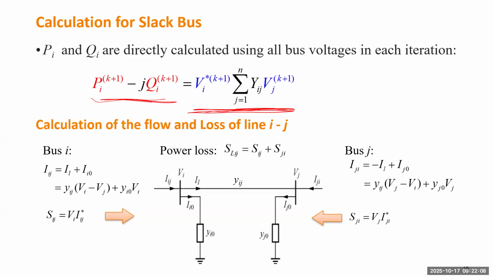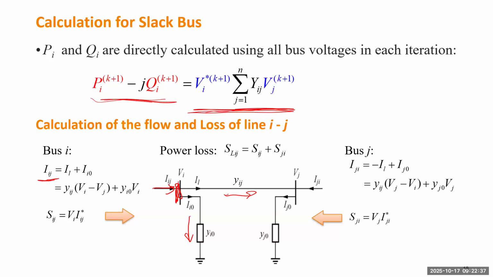Okay, so the last step is just to calculate the current based on Kirchhoff's current law. Once you know the current, that will be the current injection to each bus, which is equal to the current going through the local admittance to the ground, and also another current connecting this bus to a neighboring bus.